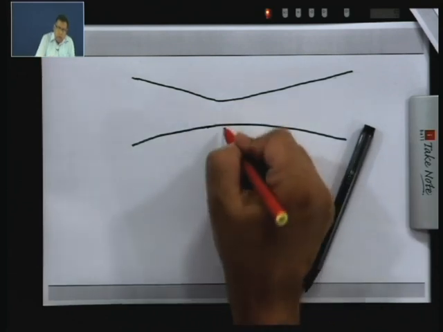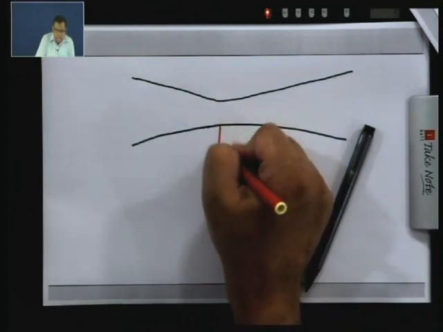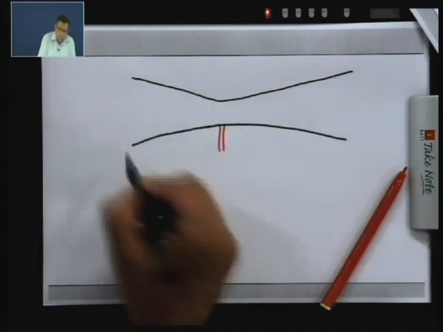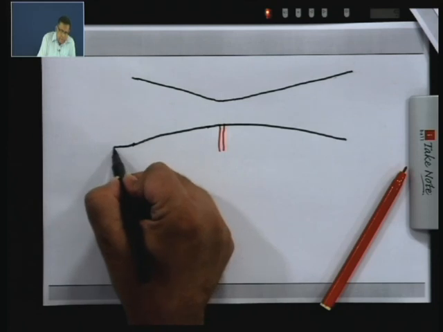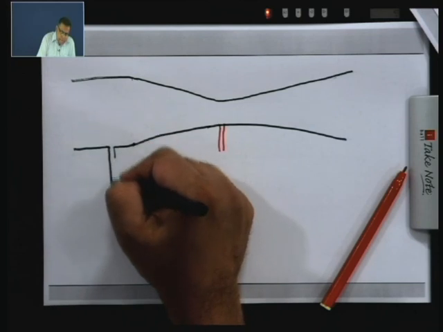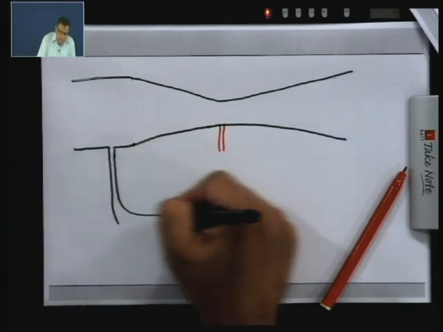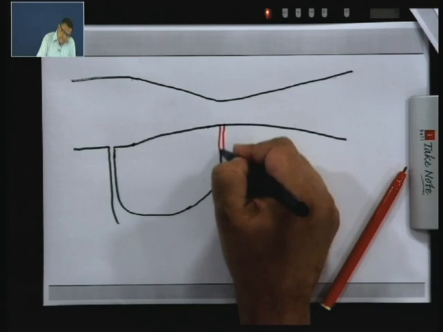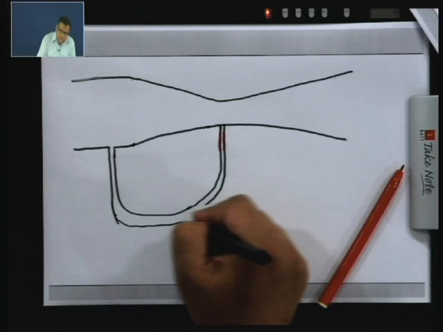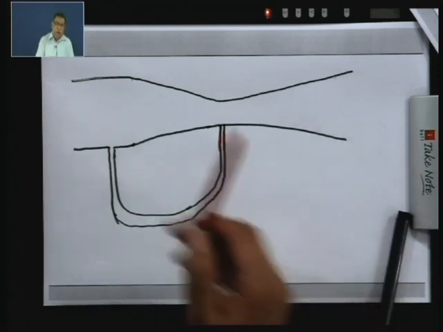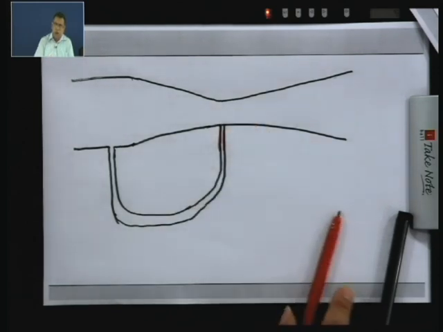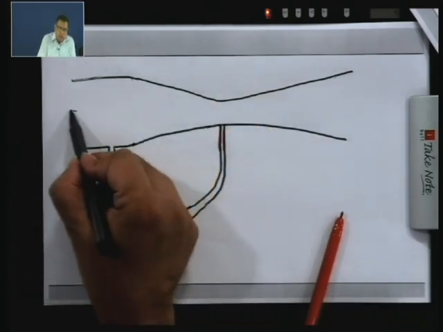So, right now what we will do is drill a hole at the throat, and connect the static pressure tap over here with this tap over here. Now, let me draw the streamlines of the flow for inviscid flow.